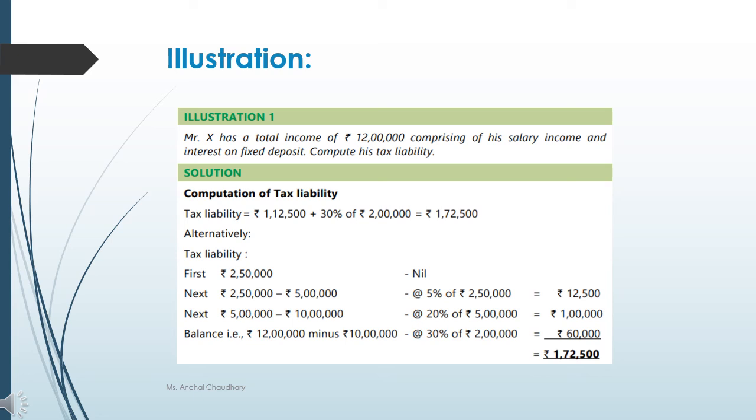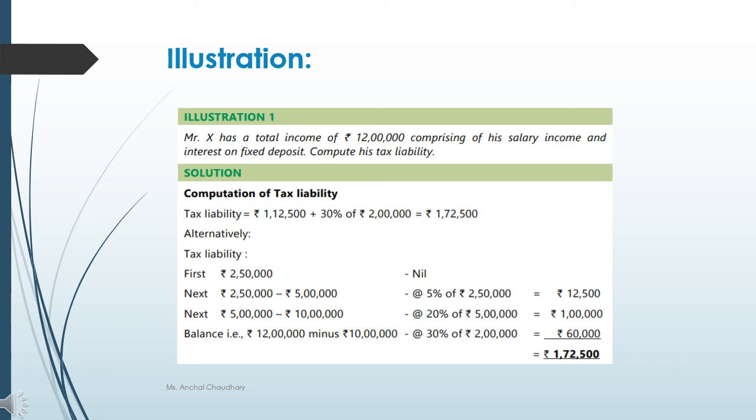First of all, as I told you, solve this in a table format, that will be easy for you. First of all, what you have to do is, on the first 2,50,000 there will be no tax, that will be your nil, as you can see in the solution part. 12 lakh is the total income, and you have to keep dividing it, right. Next, from 2,50,000 up to 5 lakh there is a tax rate of 5%.